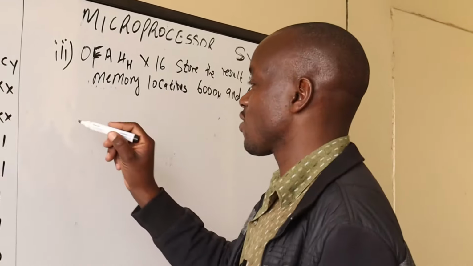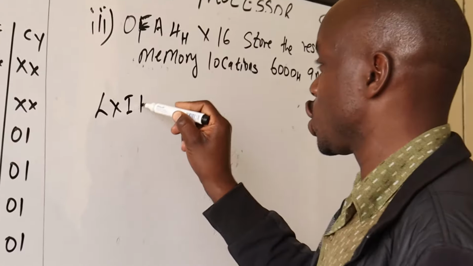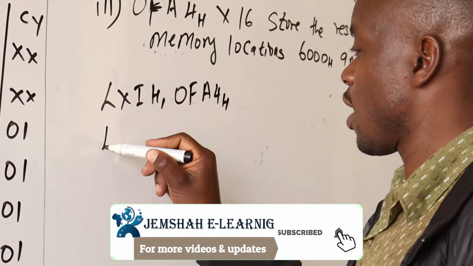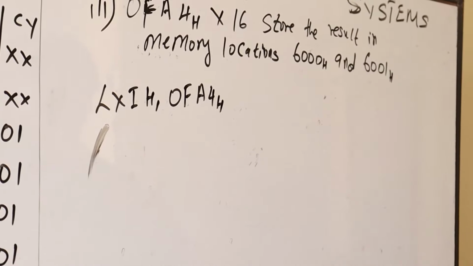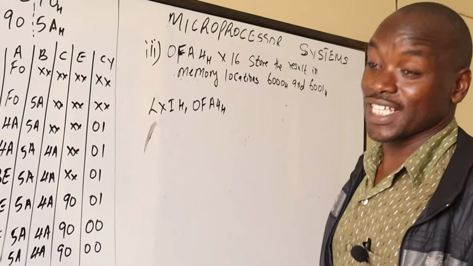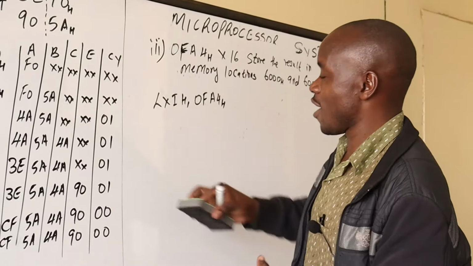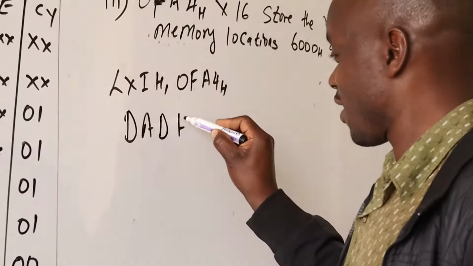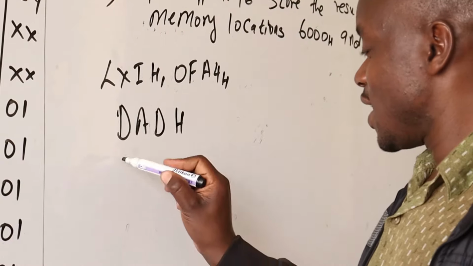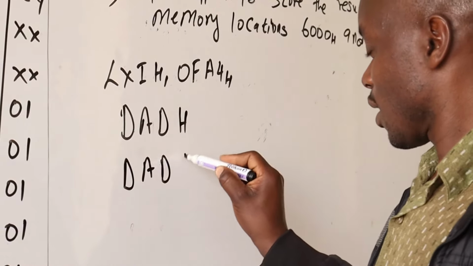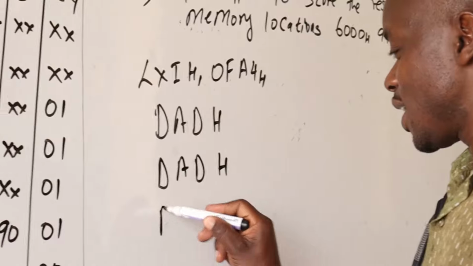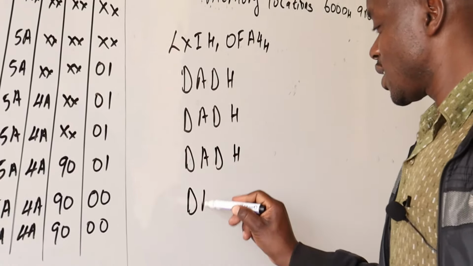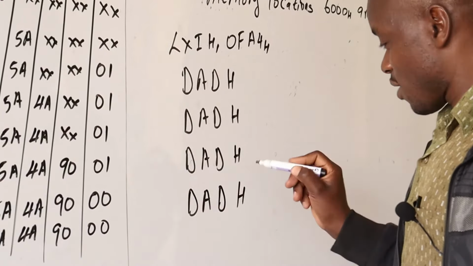So again, I say LXI H, 0FA4. LXI. Then we are multiplying by 16. Remember, we have agreed that DAD H means multiply by 2. So what we do here now, we DAD H. Then this is by 2, DAD H. By 4, DAD H. By 8, DAD H. By 16.